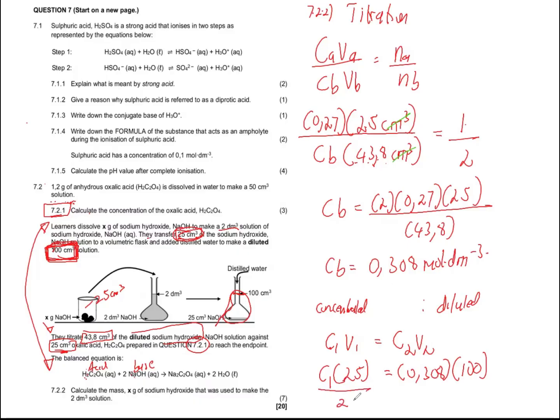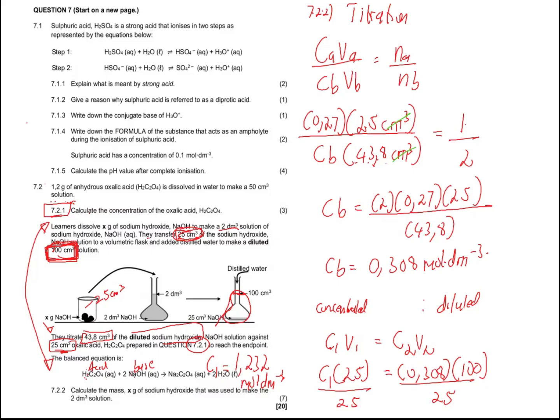So walk with me. 25 and then 25. So the concentration of the sodium hydroxide when it was still concentrated, divide all of that, we get 1.232 mol/dm³, right? But fortunately, we are not done.